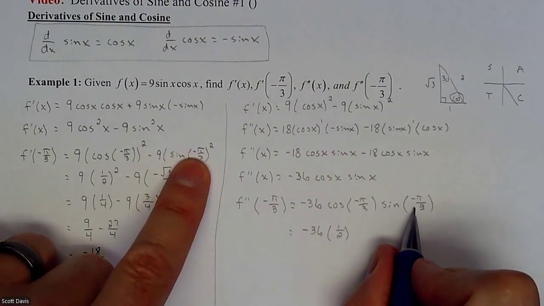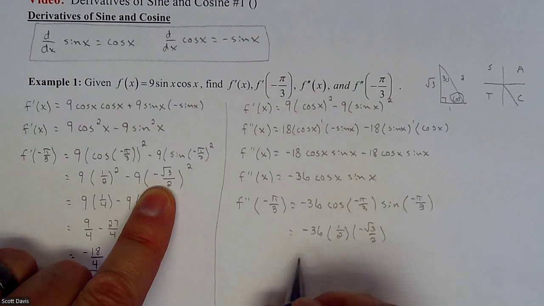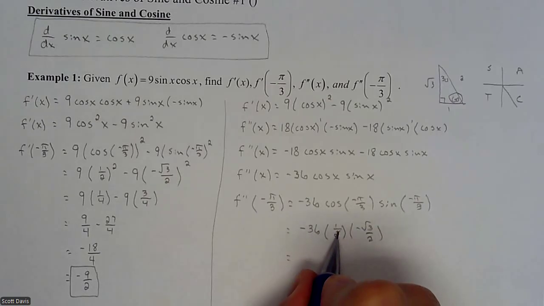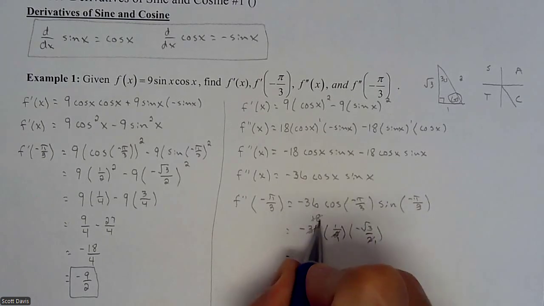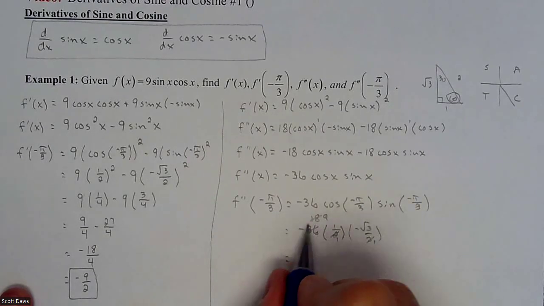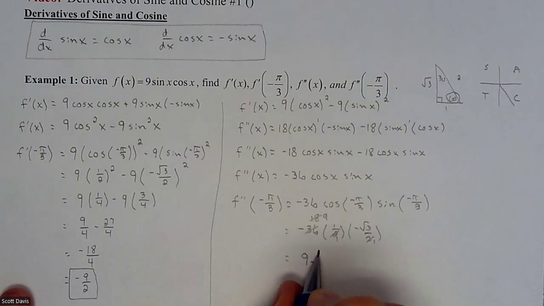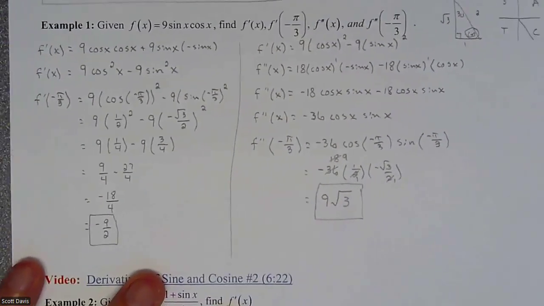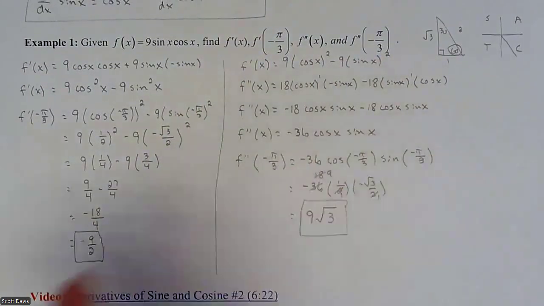And sine of negative pi over 3 was negative root 3 over 2. If we mix all that together, I can simplify a bit. I take a 2 out of the 36, making it an 18, and then another 2 out of that 18 to make it a 9. So we have no more denominator. We have a negative 9 times a negative root 3, which turns out to be a positive 9 root 3. There was our second derivative. We did our first derivative, plugged in a value, did our second derivative, and plugged in a value. Those are our slopes.